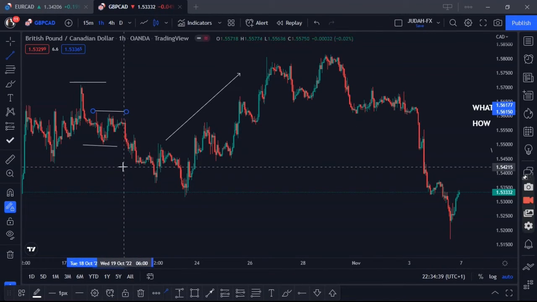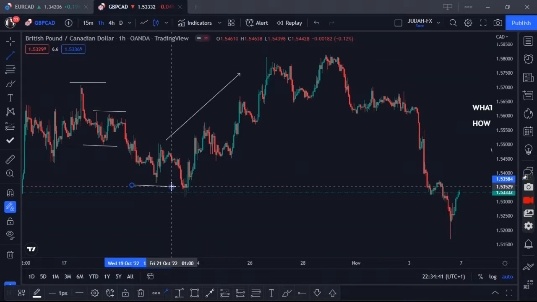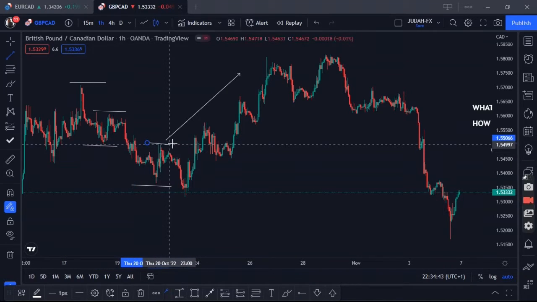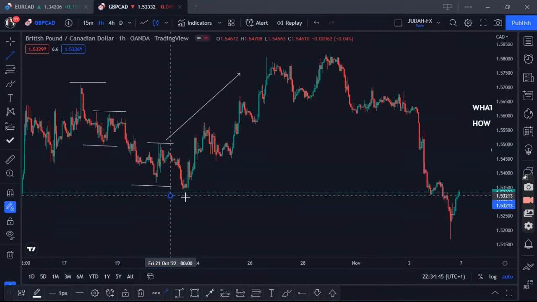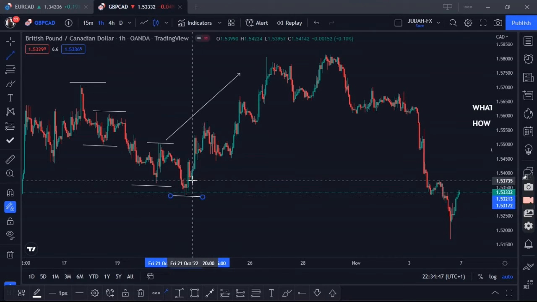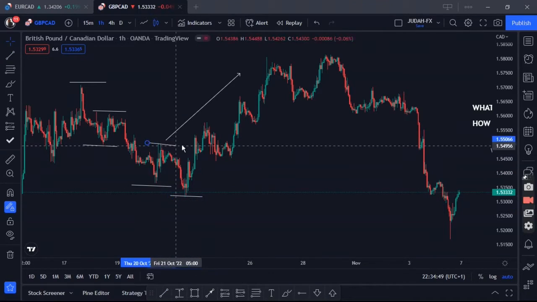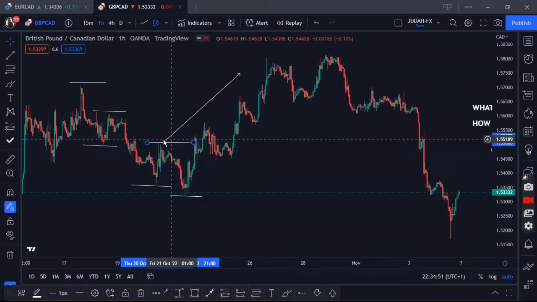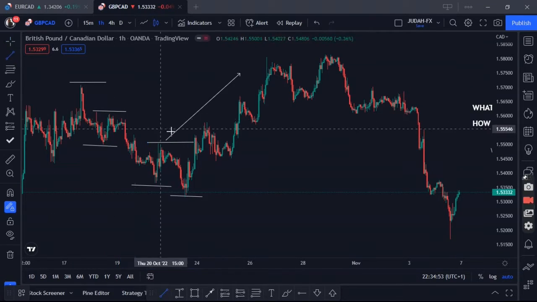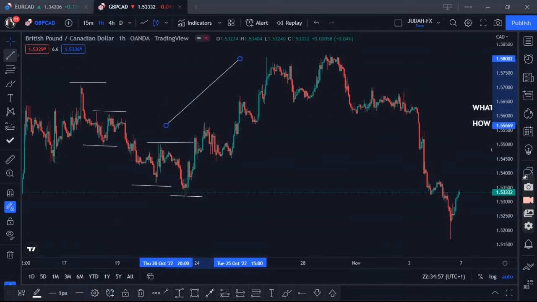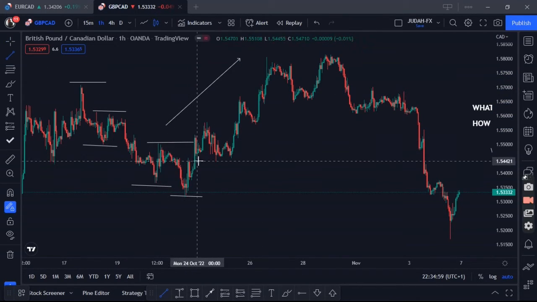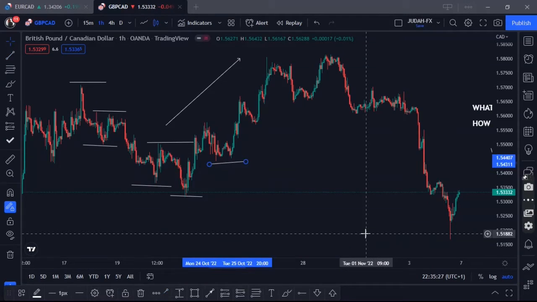You can see the market breaks this structure and forms another low. This is another high, then a lower low, right? You can see from there the market goes up and breaks this high and continues up. So now we have this break of structure, and we can expect the market to continue up because it broke structure.